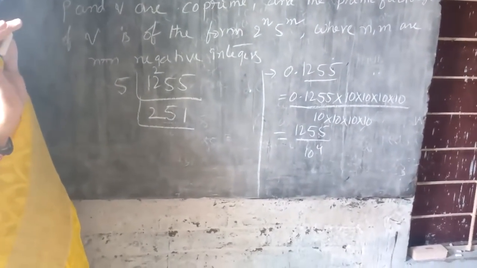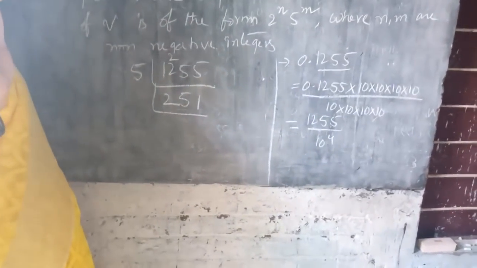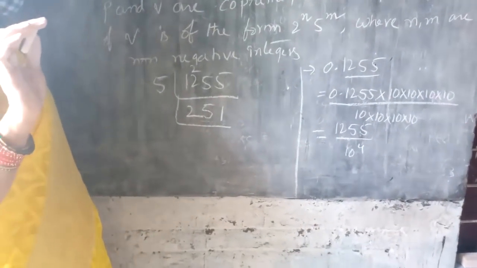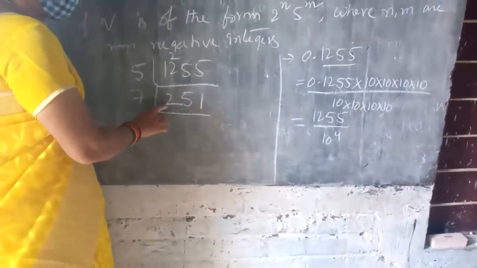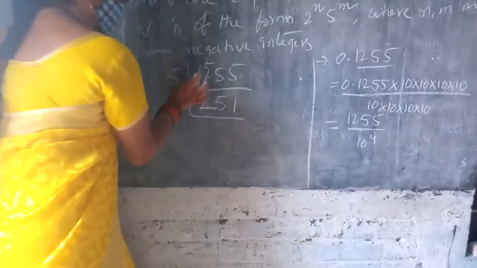Seventh table, also not divisible. 7 threes are 21, not divisible.